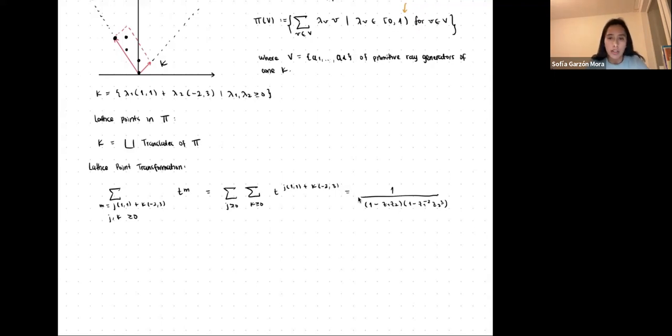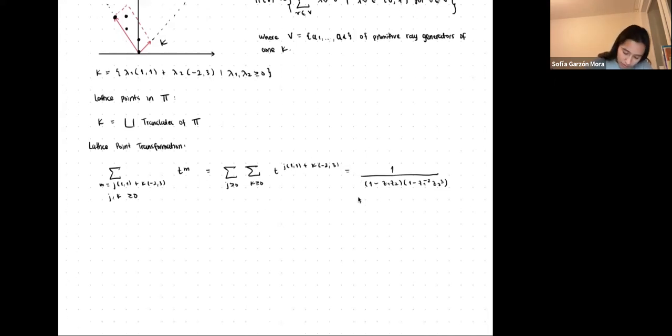The first sum over K will give me the exponents on this part here, and the part with J will give me these exponents here, 1 and 1. Okay, and the points on the fundamental parallelepiped are actually, I can write this very quickly: (1, 0), (0, 2), (-1, 2), and (-1, 3).